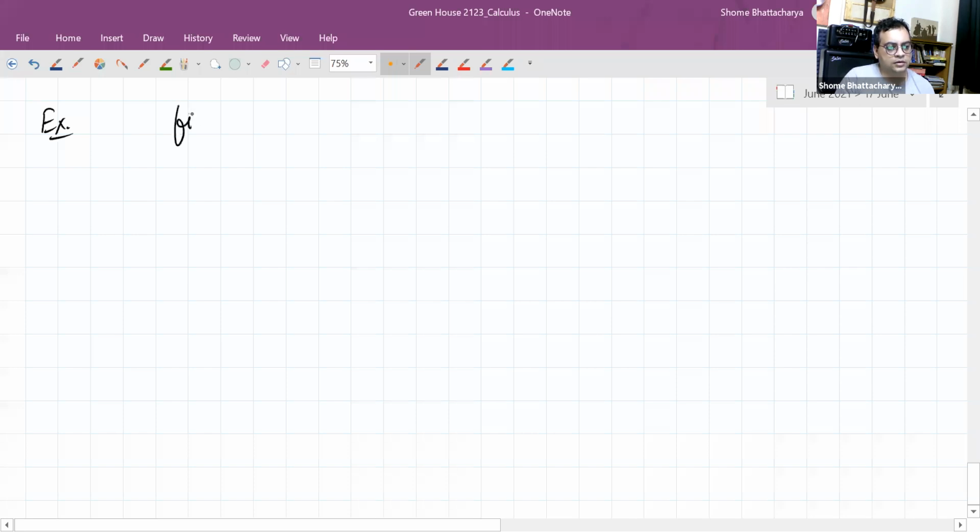So we want to find dy by dx for the following. Let's take y is equal to, let's take another exponential function. So this time we'll take x square plus 2x.